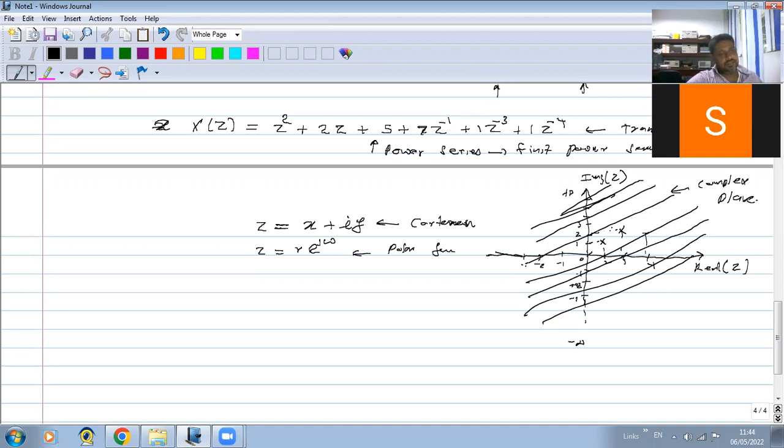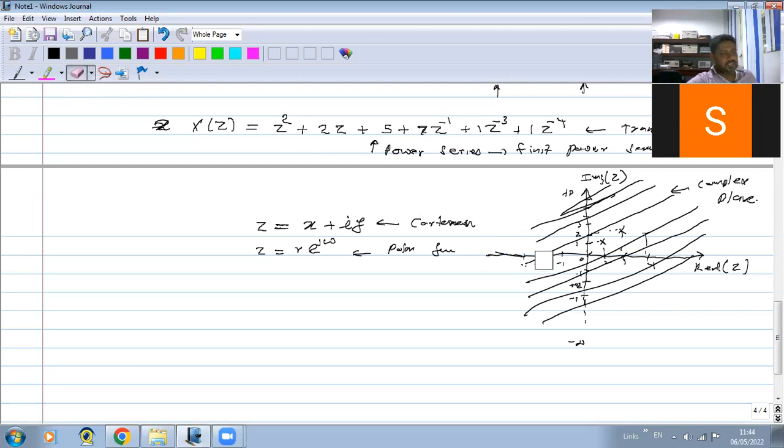Now I think you may have a sense of why we transform from the time domain to the z transform. Now we are dealing with algebraic things. That is one advantage of the z transform: we can convert an equation to an algebraic form. Gradually we will get that idea.